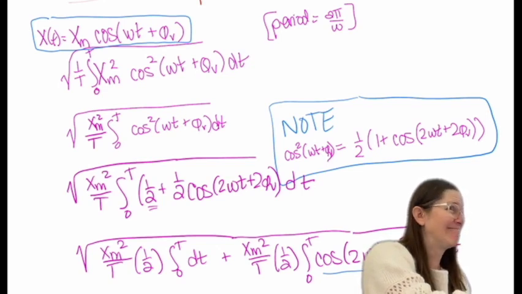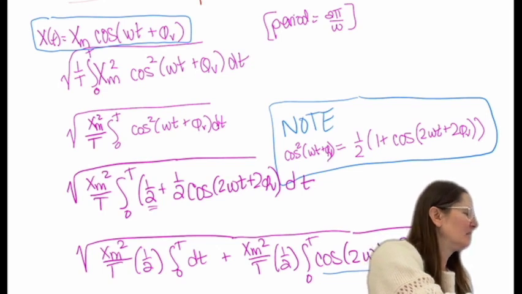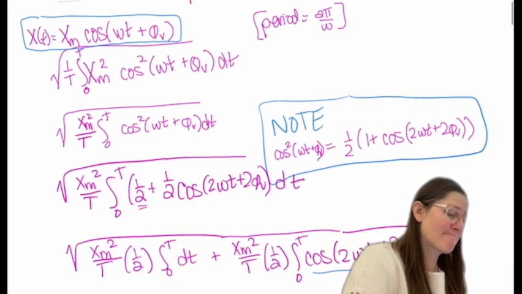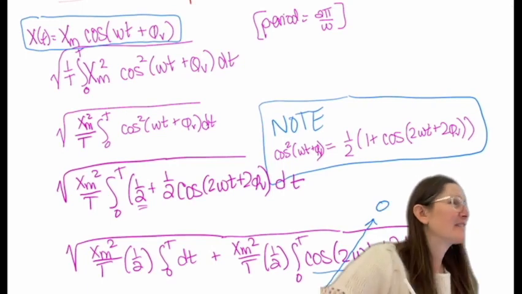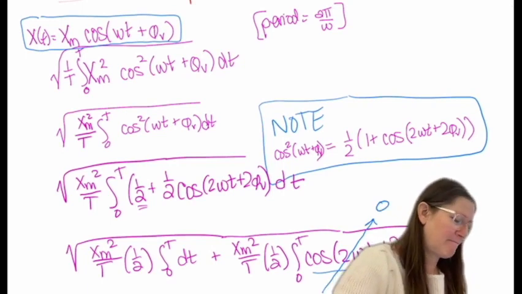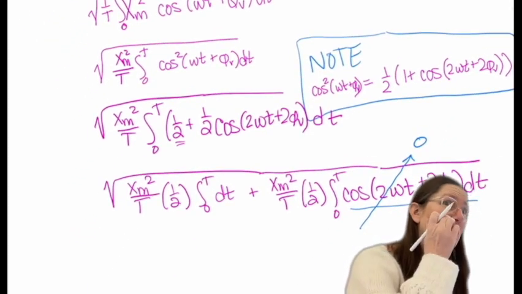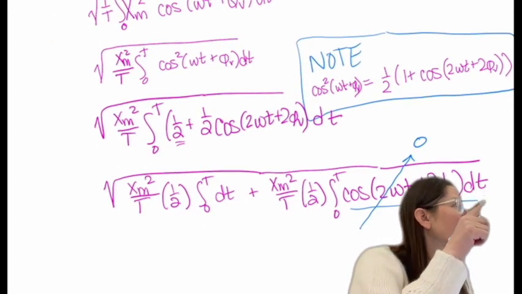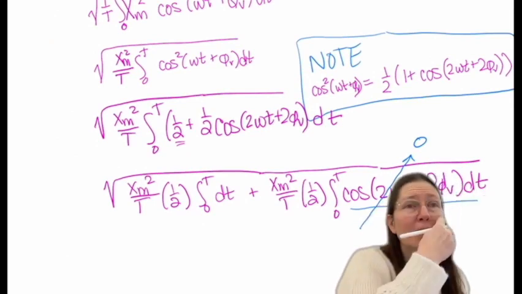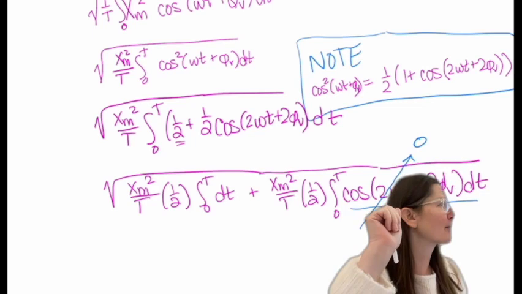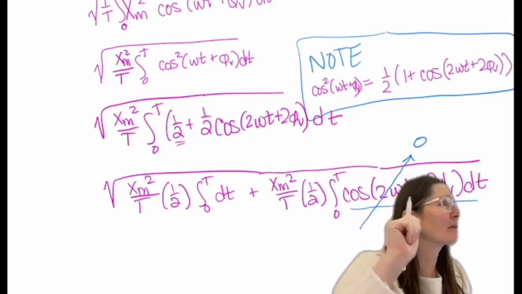It would be 1 over 2 omega sine of 2 omega T plus 2 theta. Actually, it just goes to 0. We're integrating over the period, that's why, right? Yep, because we're integrating over one period. So if you remember, you integrate over it, and the top and the bottom actually cancel out. So you get 0.